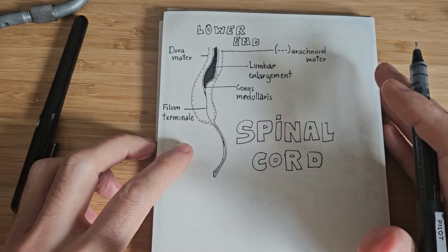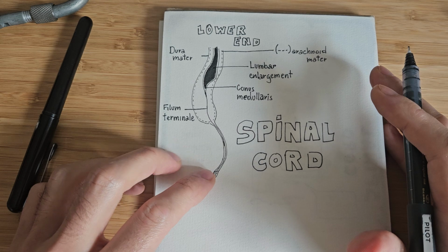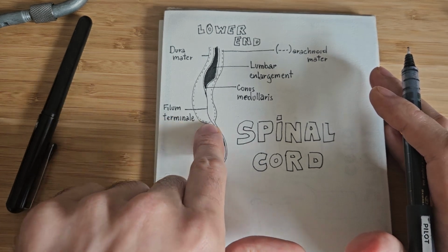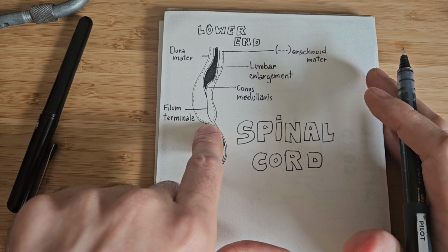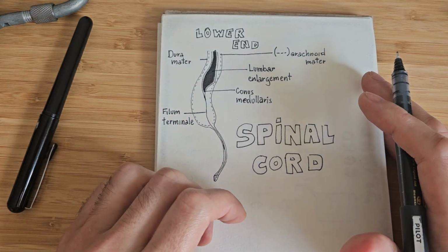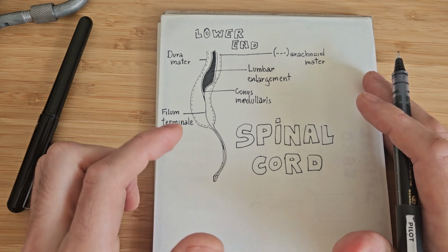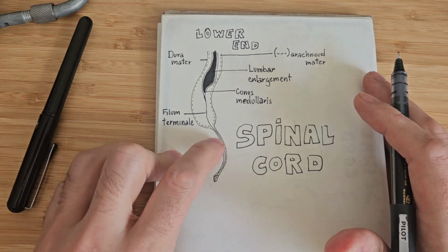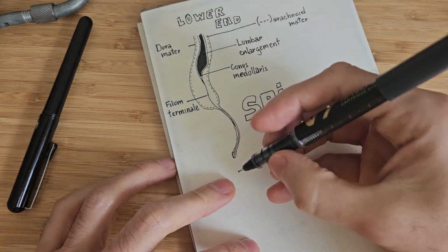What else can we see here? We can see the lower end of the arachnoid tube, which is here. Okay, this is the lower end of the arachnoid tube. And what else? We have the filum terminale here, and as I mentioned before, the coccyx.